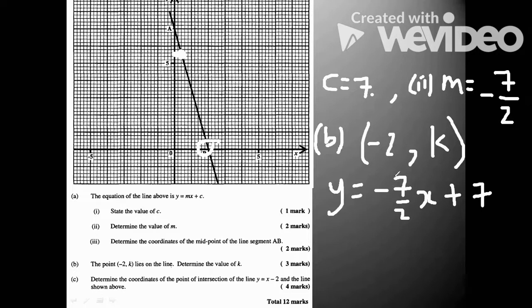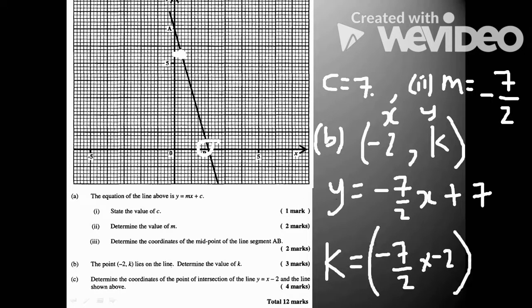What we're going to do is replace the values of the point in the equation. Remember, this is the x value and this is the y value. So we replace y with k, and we replace x with negative 2. Then we have plus 7.